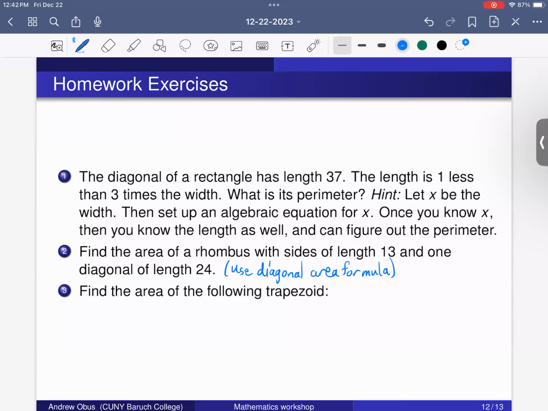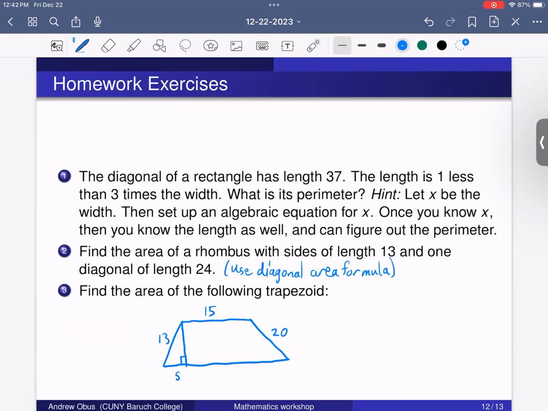And then lastly is to find the area of the following trapezoid, which I'm going to draw for you. So here's a trapezoid. This side here is length 20. This side has length 15. This side has length 13. And I'm going to draw just this right angle over here.